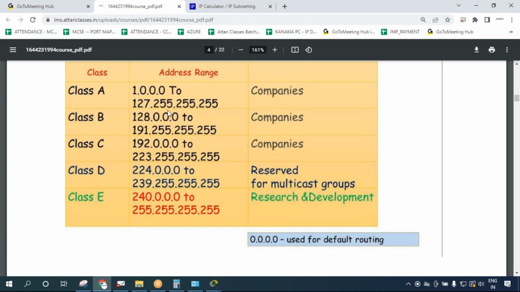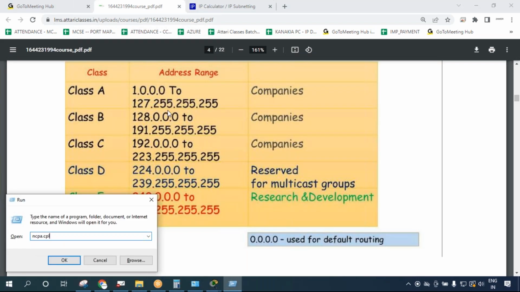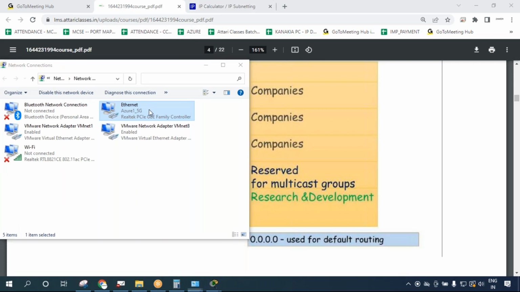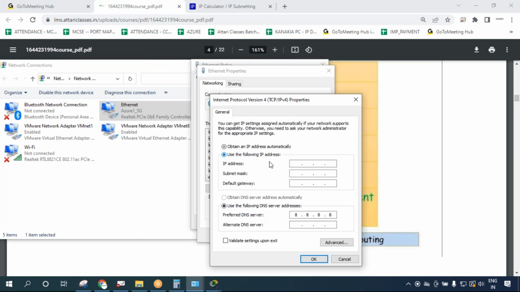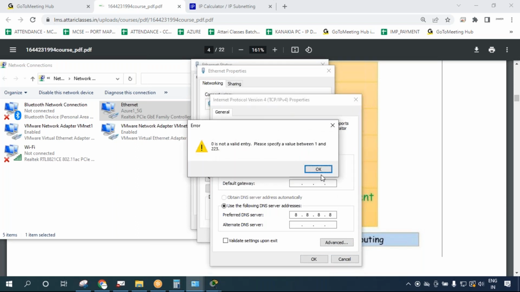Now my dear friends, see here. Can I give this IP address? Normally we don't give any IP address like this, but just for understanding, can I give IP address 0? I want to give 0. No, you cannot give 0. You can give the IP only from 1 to 223. Getting the point?